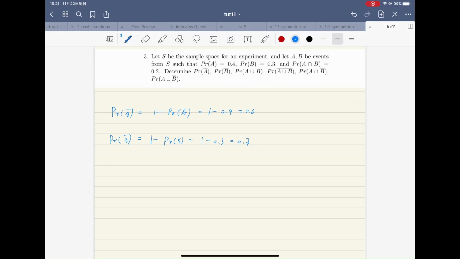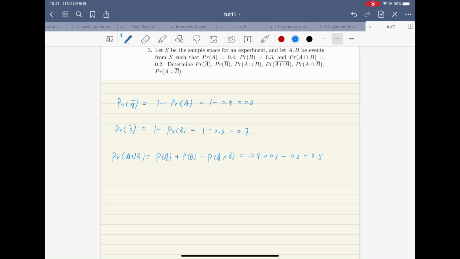For the probability of A union B, we have P(A) plus P(B) minus P(A intersect B), which equals 0.4 plus 0.3 minus 0.2. It's just 0.5, right?